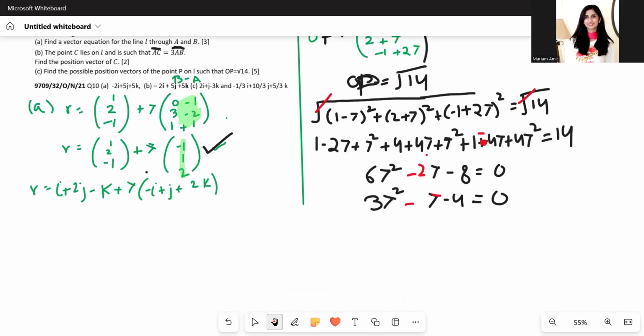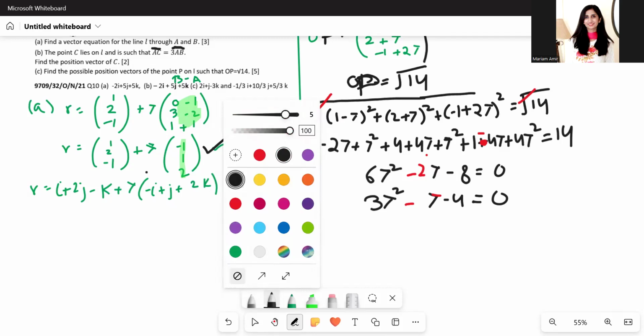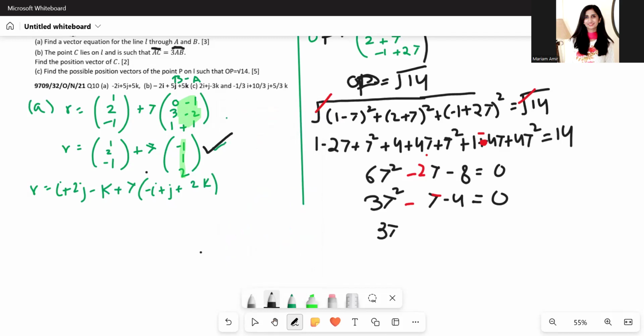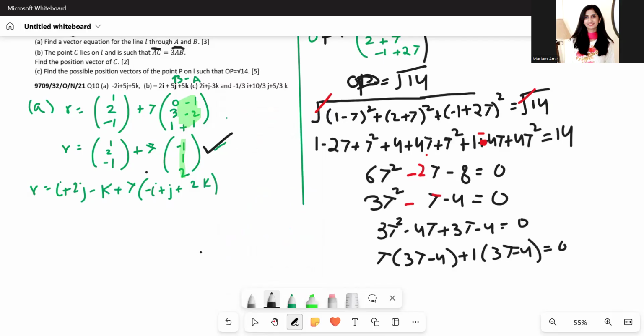Now we solve this using middle term breaking. So we can write 3 lambda square minus 4 lambda plus 3 lambda minus 4 equals 0. Lambda common, 3 lambda minus 4 plus 1 common, 3 lambda minus 4 equals 0. So (3 lambda minus 4)(lambda plus 1) equals 0.